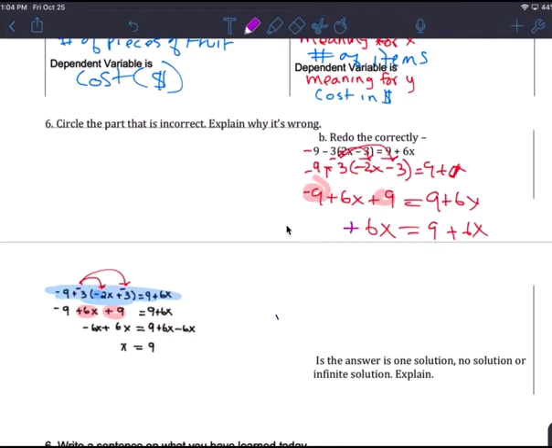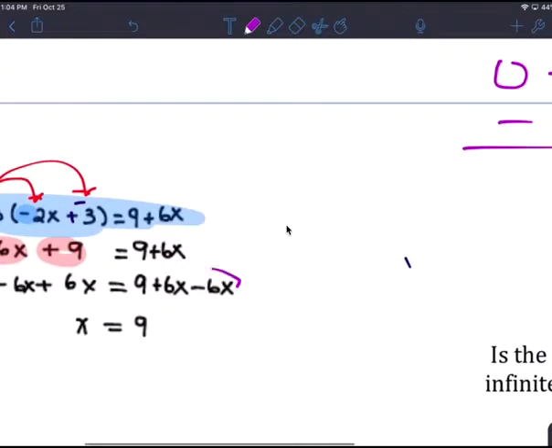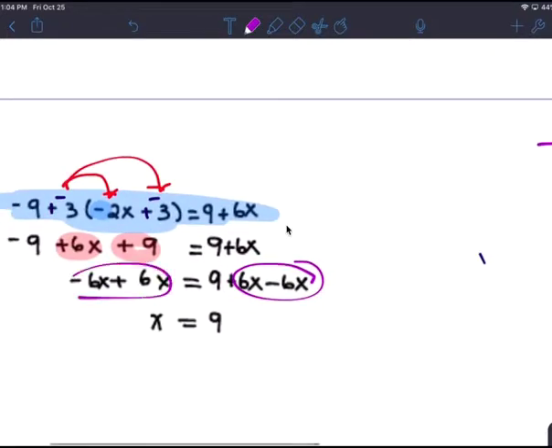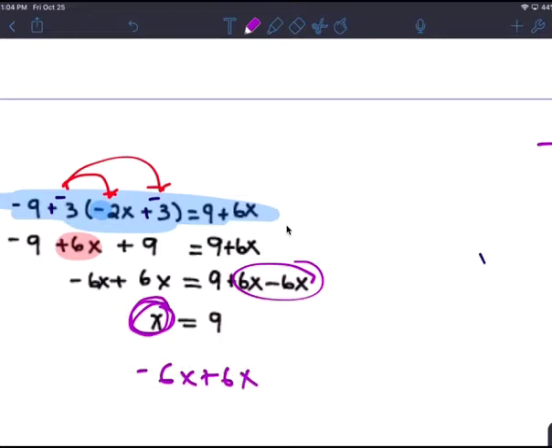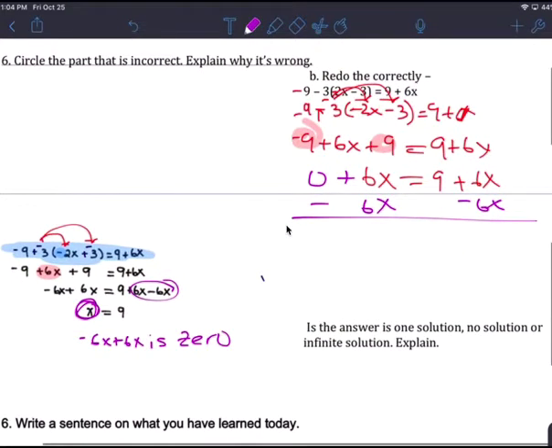It's plus 0 here if you want. Did they minus 6x? Yep, they minus 6x. Notice they minus 6x. This is wrong. 6x minus 6x is not x. Negative 6x plus 6x is 0. So here is 0 equals 9. No solution.